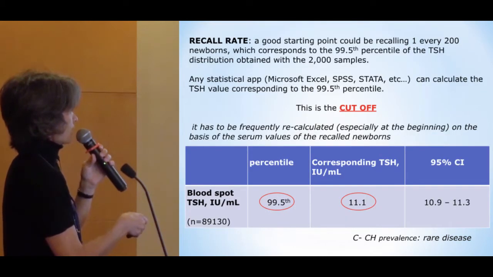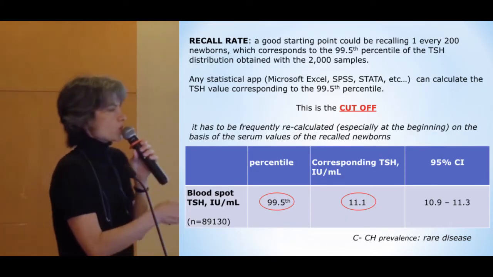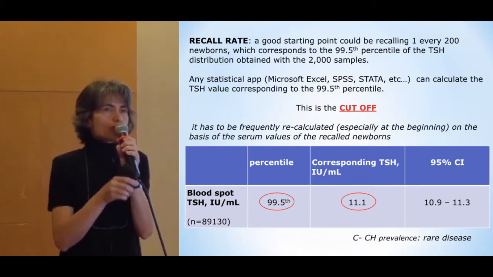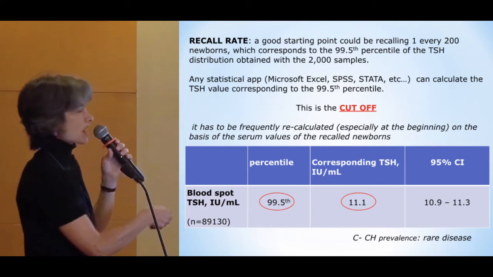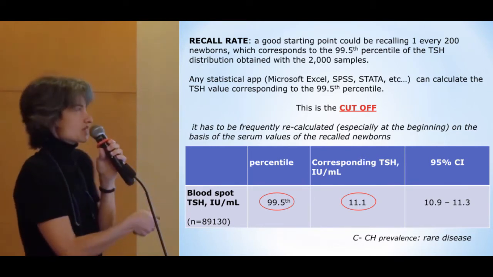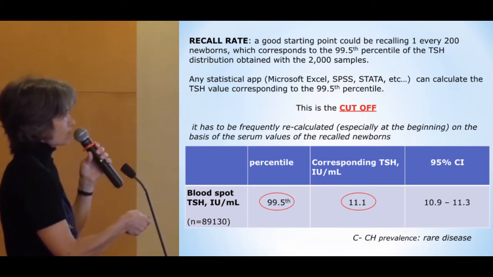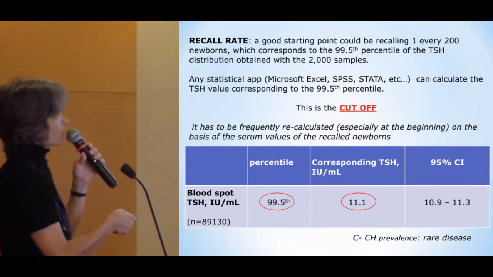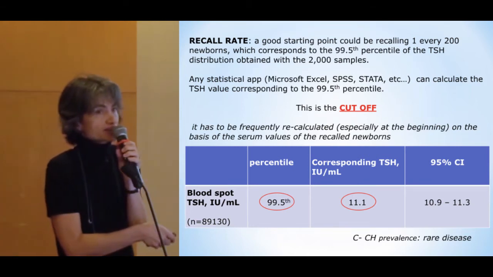So, okay, let's say that we want to start recalling one baby every 200, okay? And if you think about it, if I want to recall one baby every 200, that means that I have to work with the 99.5th percentiles.